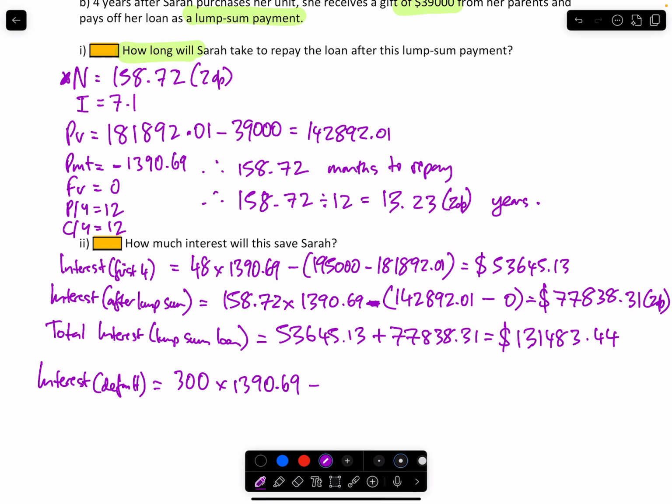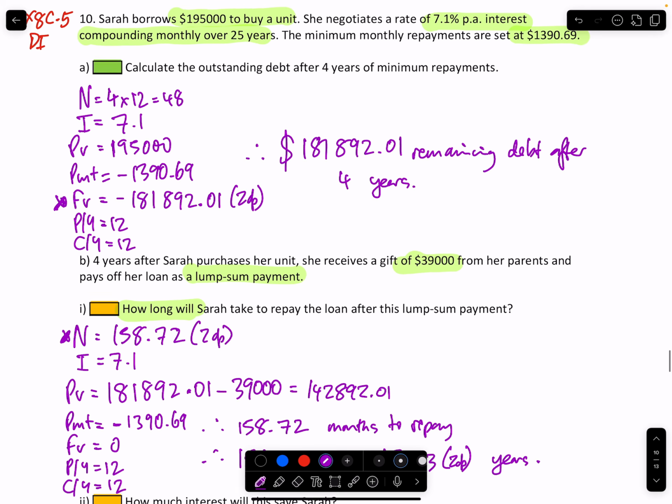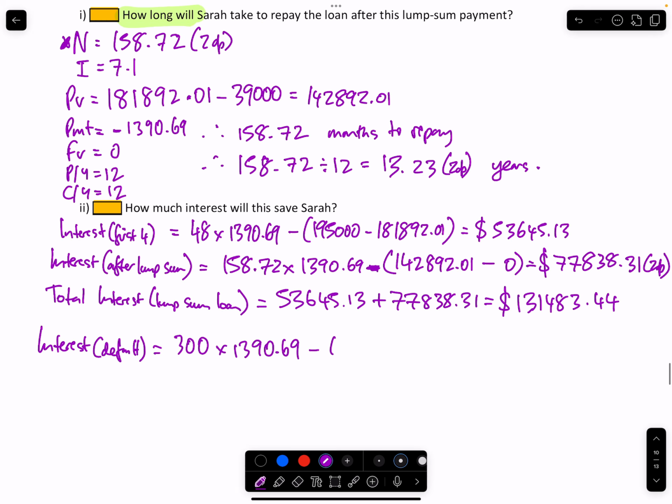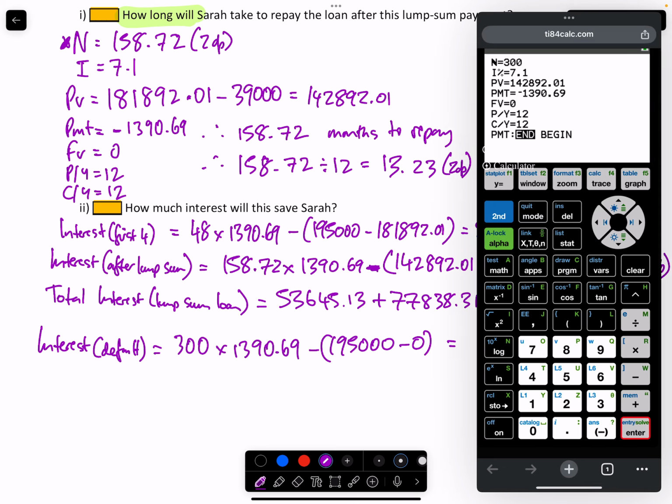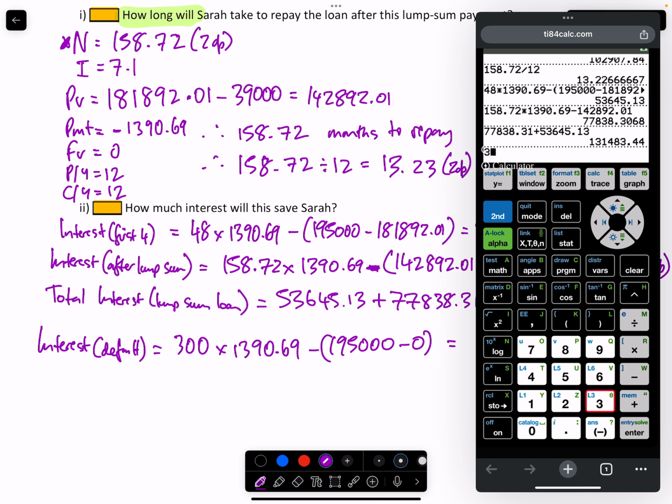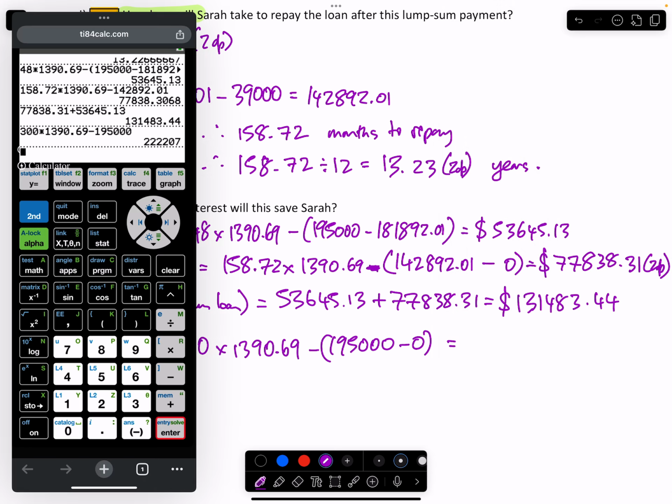Take away the OG debt. She paid off $195,000 loan. Got it down to nothing. 300 payments of 1390.69. Take away 195,000. So by default, if she didn't have the lump sum, she would have paid $222,207.